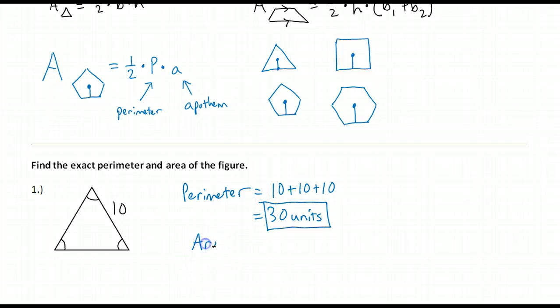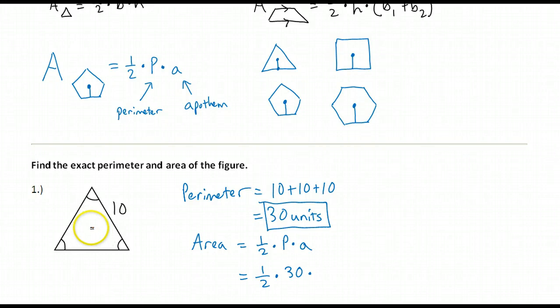The area, we're going to use this formula: 1/2 times the perimeter times the apothem. So we're going to have 1/2 times 30 times, we need to figure out this apothem. To figure out the apothem, we're going to have to do some problem solving.